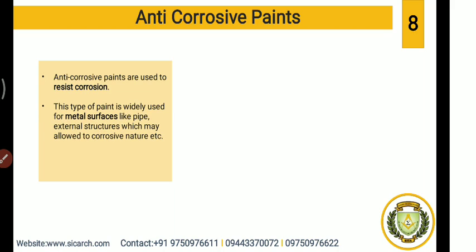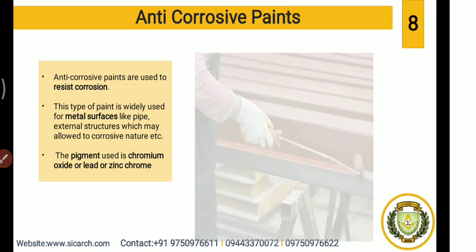This type of paint is widely used for metal surfaces like pipes or external structures which may be exposed to corrosive nature. The pigments used in anti-corrosive paints are chromium oxide or lead or zinc chrome.